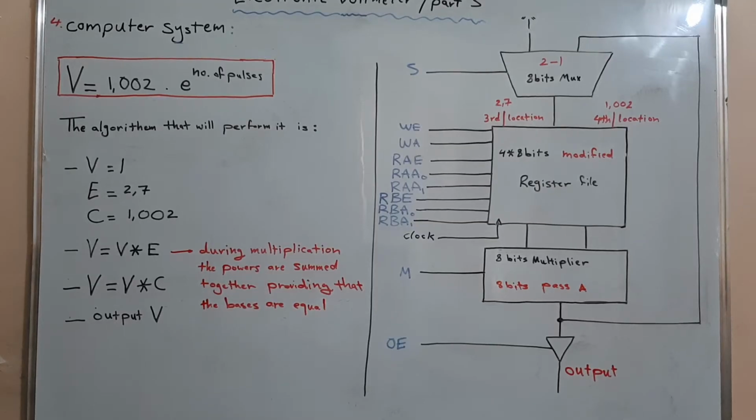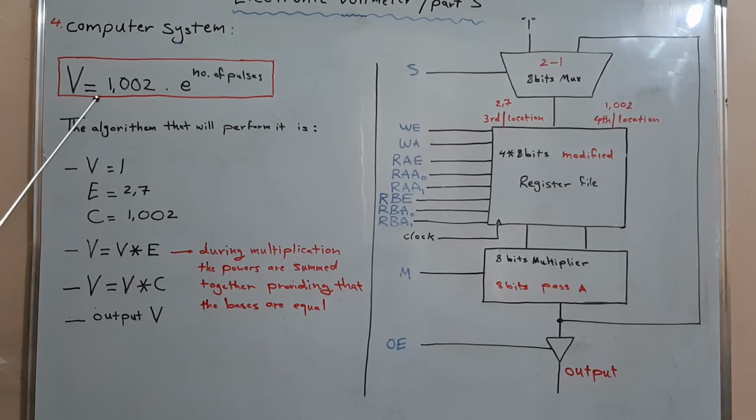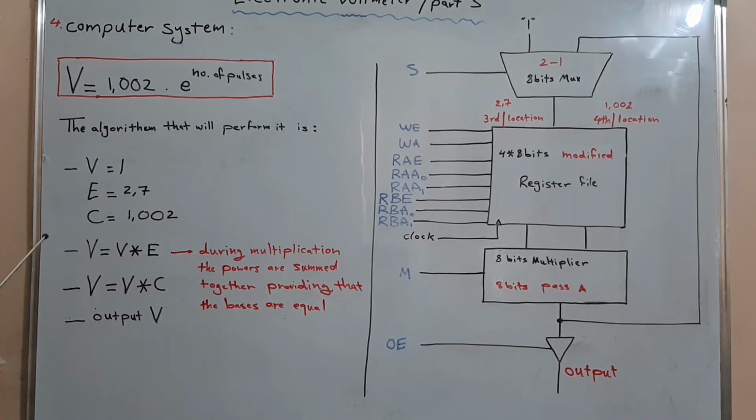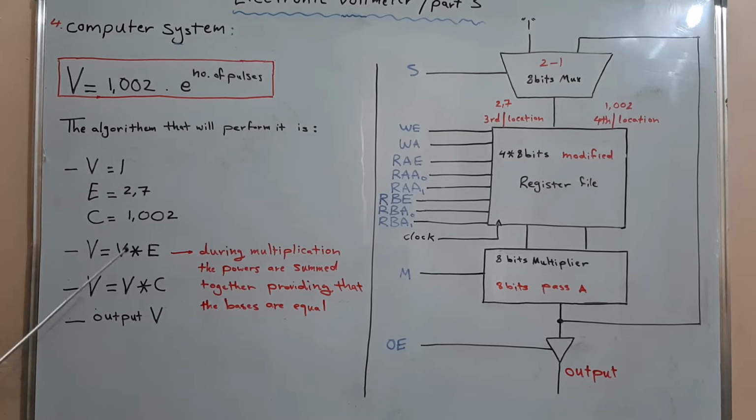The algorithm that's required to perform this equation is this. First, V is equal to 1, E is equal to 2.7, C is equal to 1.002. Then V will be equal to V multiplied by E, and that means when the first impulse passes through the comparator circuit, E will be multiplied by 1, and when the second impulse passes, E will be multiplied by itself, and so on.